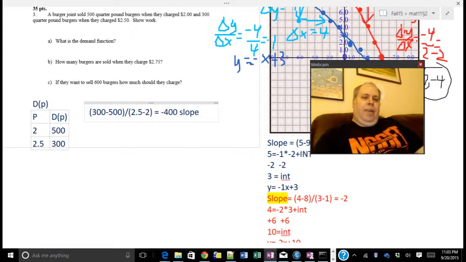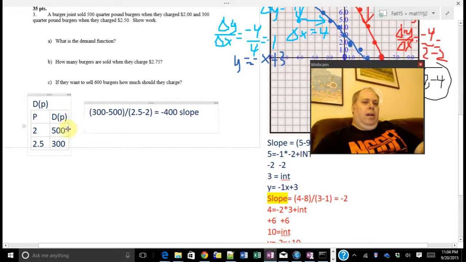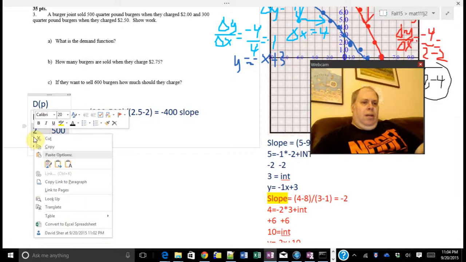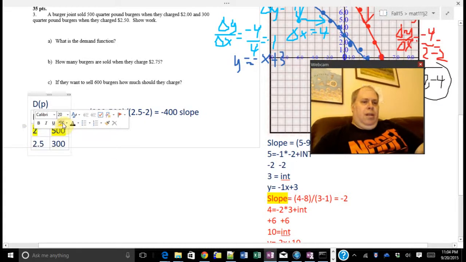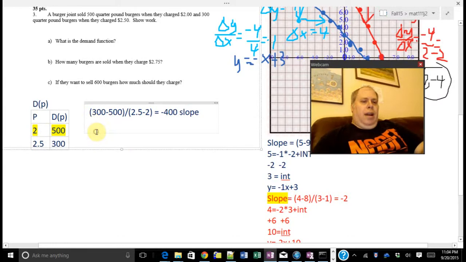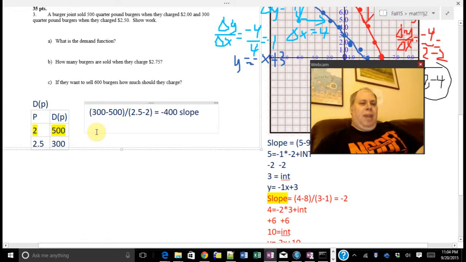So the next step, now that we got our nice negative slope, is to find the intercept. So that is, we'll use 500 for our intercept. Okay, because I avoid fractions when possible.